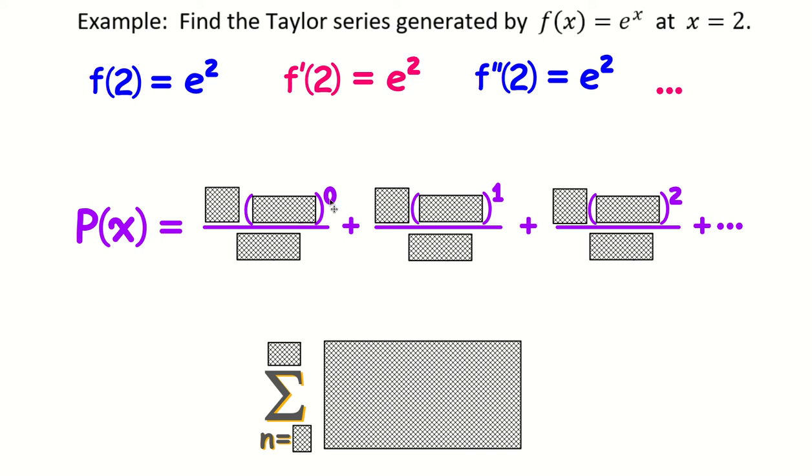So 0 power, it's going to be 0 factorial. First power, 1 factorial. Second power, 2 factorial. Now remember, it's not just x to the 0 power. It's not just x to the 1 power. It's x minus whatever, x minus 2. It's a really easy thing to forget.